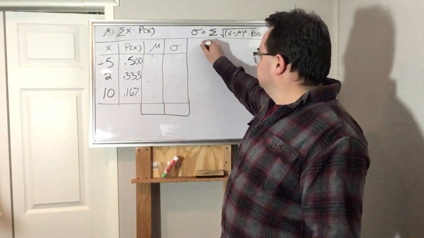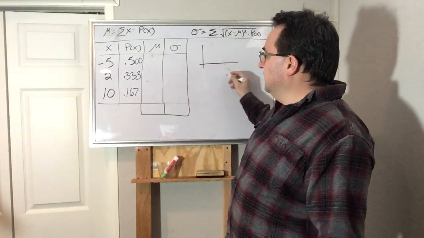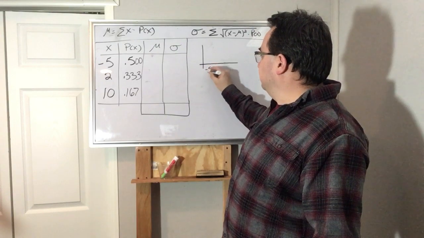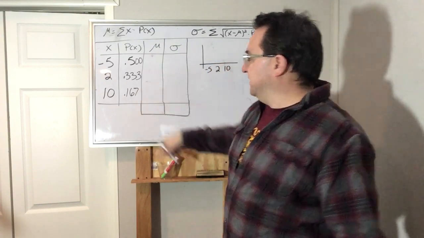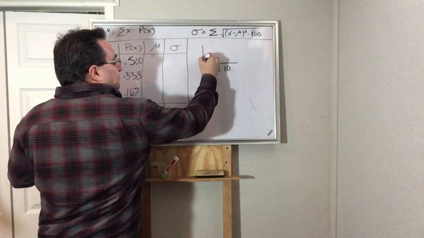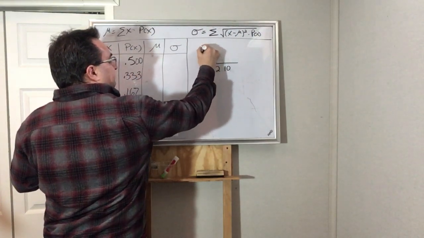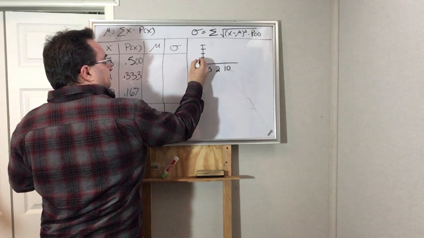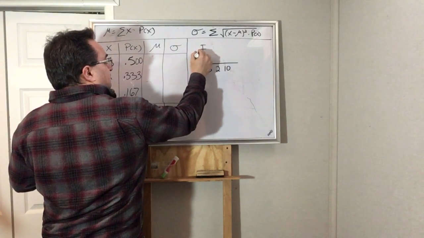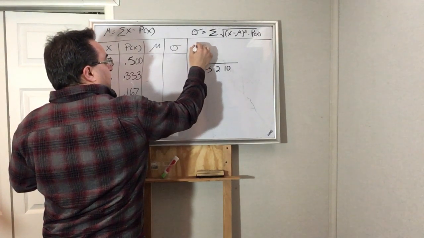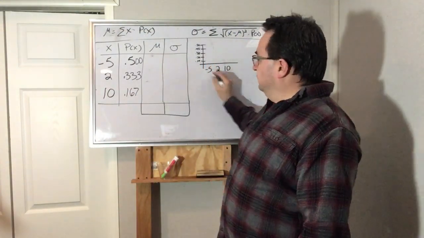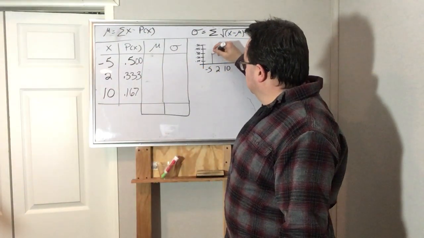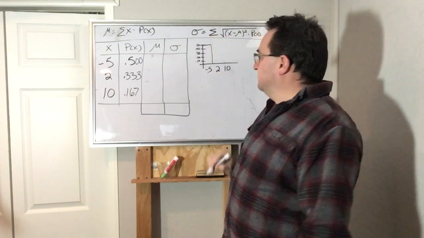So let's see. I could have minus $5, plus $2, or plus $10. I got to get up to 50%. So I'll go 10, 20, 30, 40, 50%. Okay, so to lose $5 would be this probability.